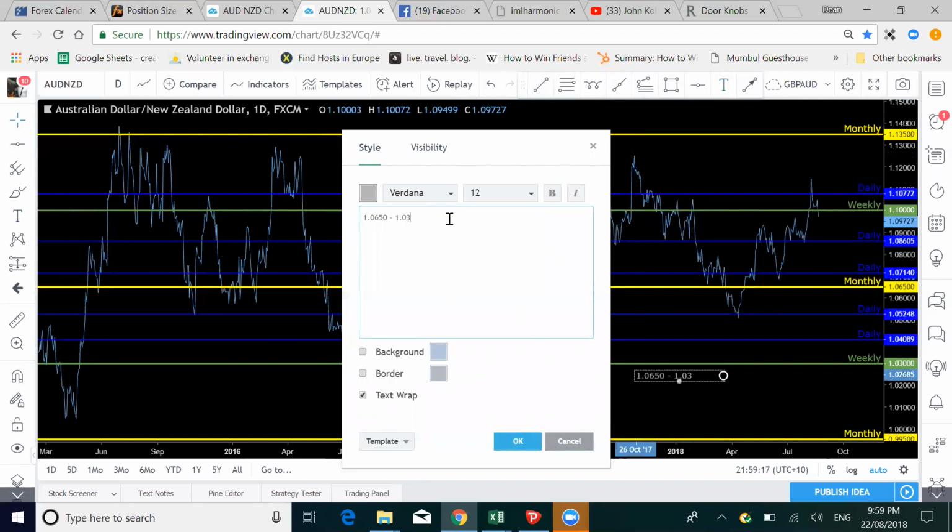Now we know that's going to be halfway between 0.07, because that's our foundational range between monthlies, and the weekly's halfway between it. So that's going to be a total of 0.035. Now, if we divide that by 3, that's going to give us a little range of around 0.012.